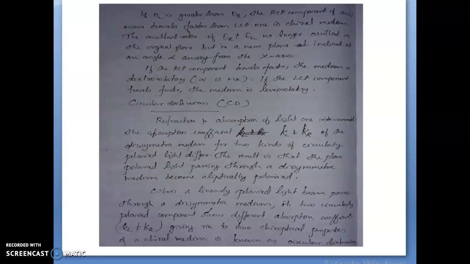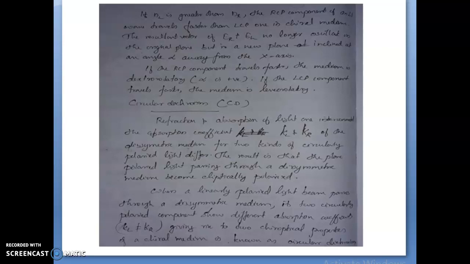Okay. Next we are going to discuss circular dichroism. We know that refraction and absorption of light are interconnected. The absorption coefficients epsilon L and epsilon R of a dissymmetric medium for the two kinds of circularly polarized light will be different.